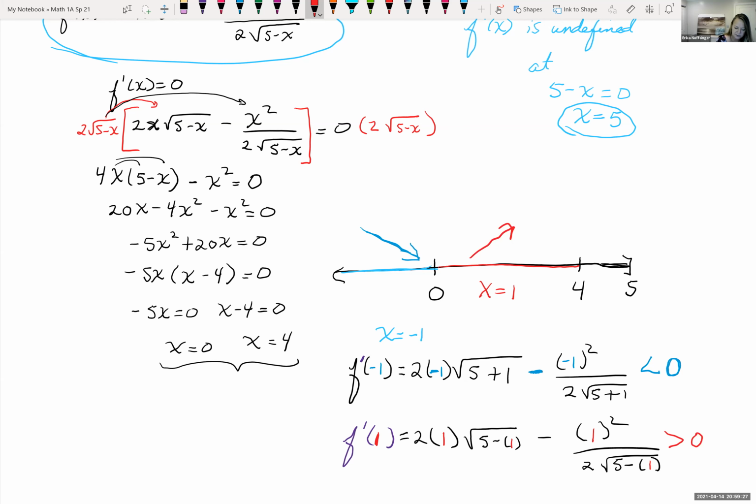And then let's choose something to the left of 4, but smaller than 5. So how about x equals 4.5?